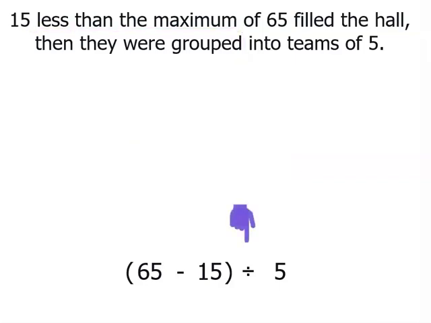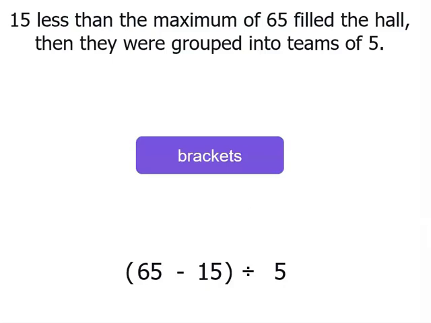So we've got 65 minus 15, and then we divide by 5 to see how many teams of 5 there are. Now you don't have to solve this, but 65 minus 15 is 50. So 50 divided into teams of 5, how many teams will we make? So the brackets were the things that really helped us match what the words were telling us to do.